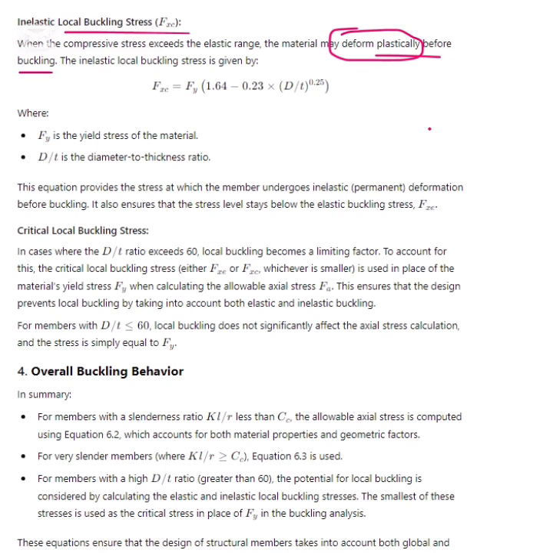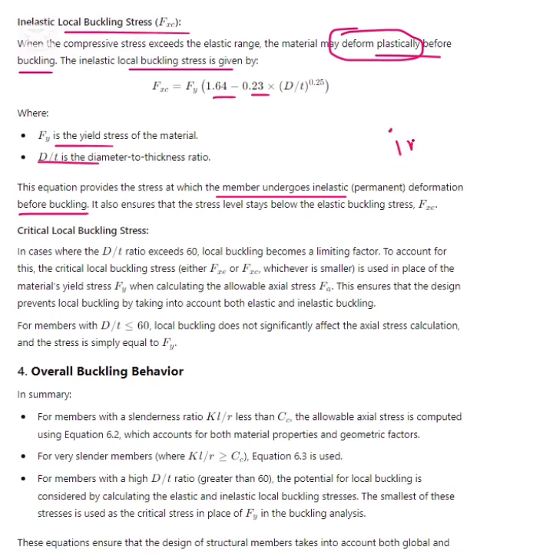This inelastic local buckling stress is given by 1.64 minus 0.23 (D/t) to the power 0.25, times Fy, where D/t is the diameter to thickness ratio. This equation gives the stress at which the member undergoes inelastic deformation, that means permanent deformation before buckling.